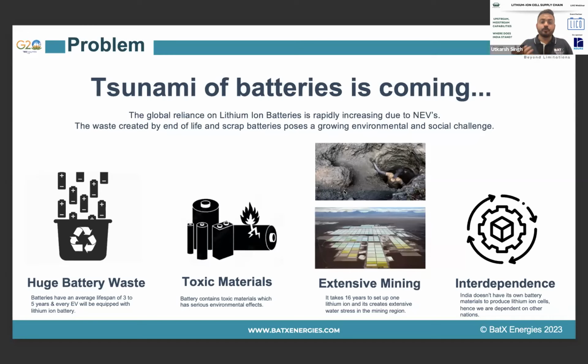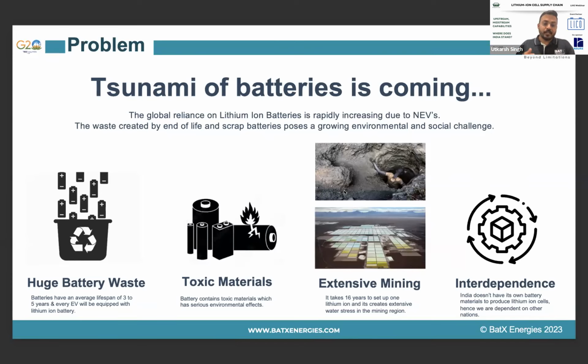They can be reused, and we recommend that stationary storage applications go for second life battery packs instead of first life packs, because second life packs can function as well as first life packs.